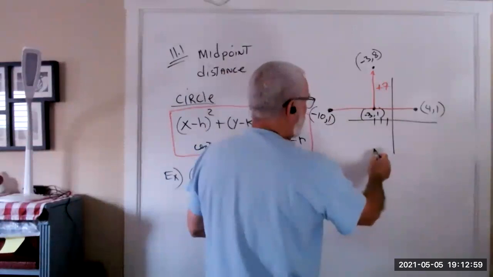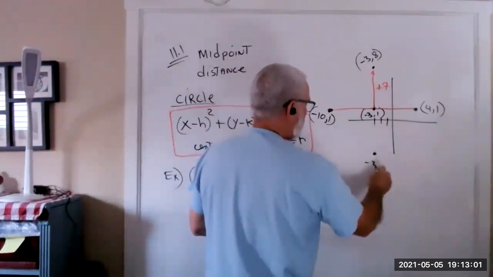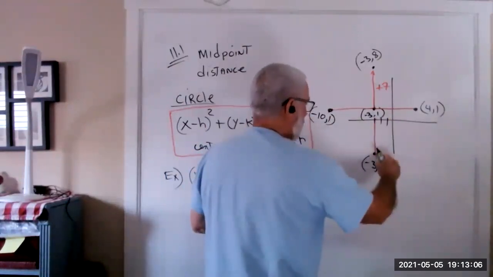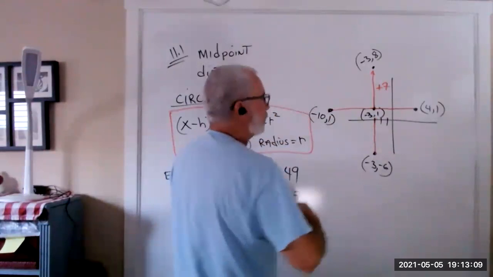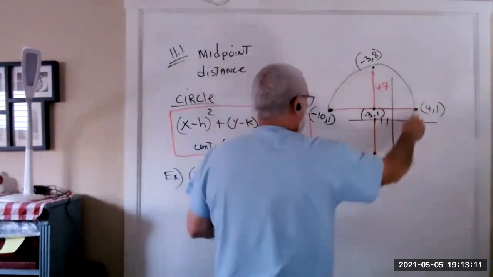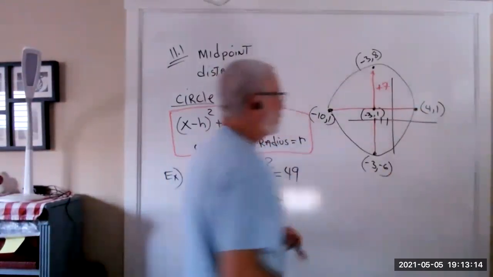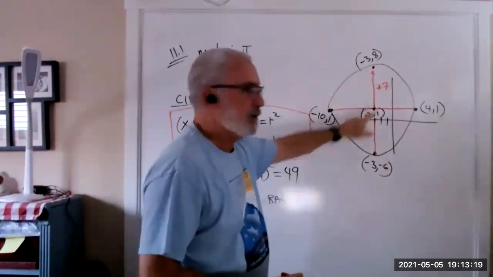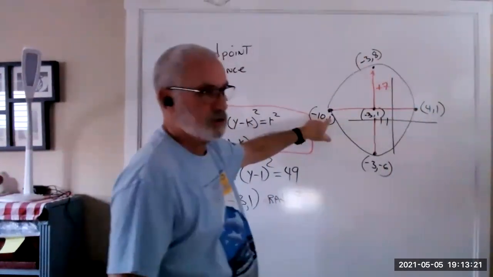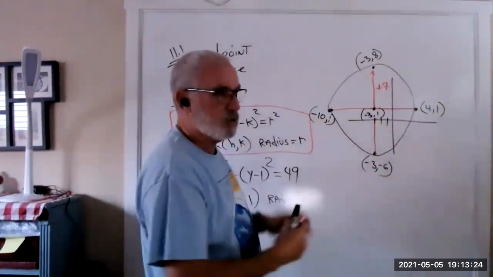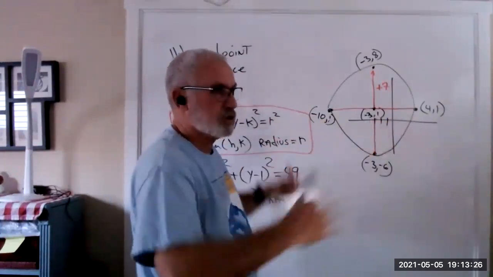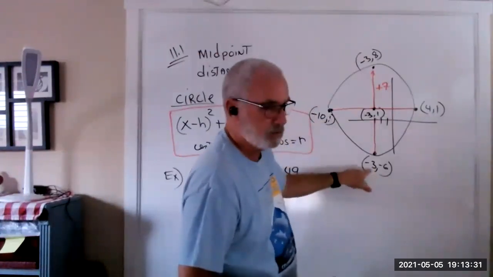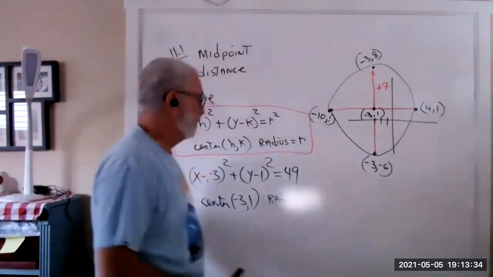And come down here, -3, -6. This is the other point down here. So for you to draw your circle on the computer, you're going to need the center, and you're going to need to find one of these points, because you need to know how to use your mouse to stretch the circle out so it incorporates that point, whichever shows up on your screen.